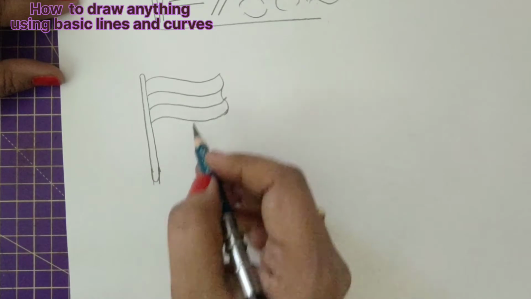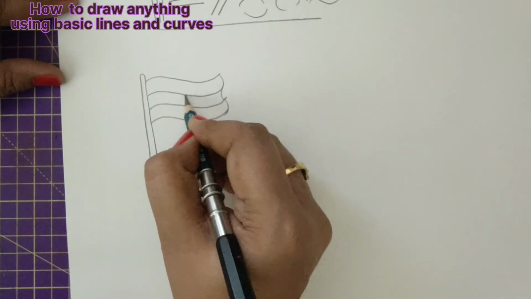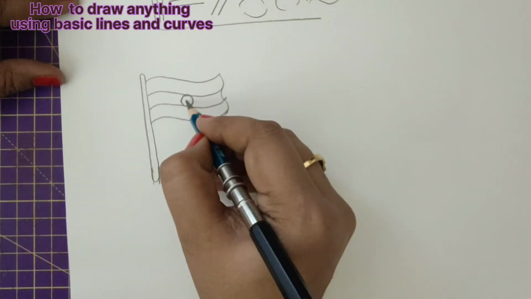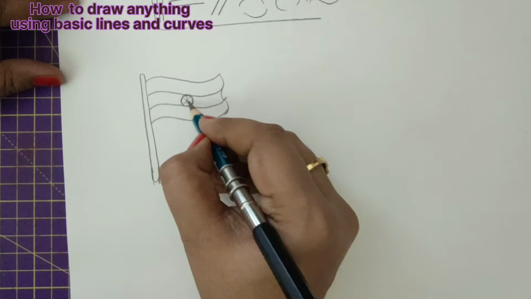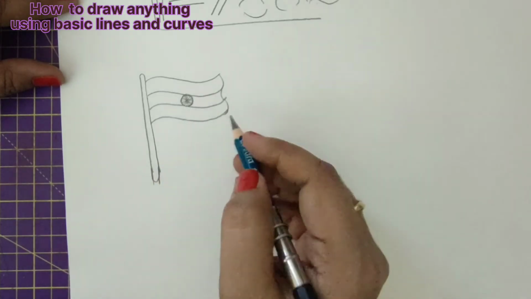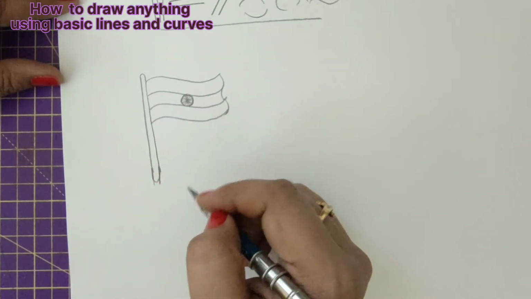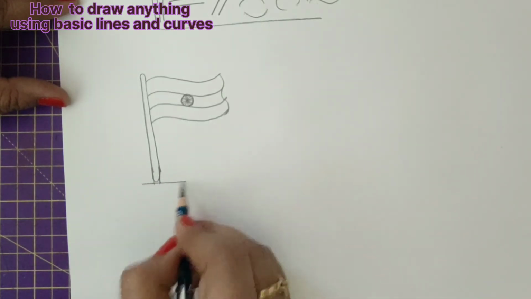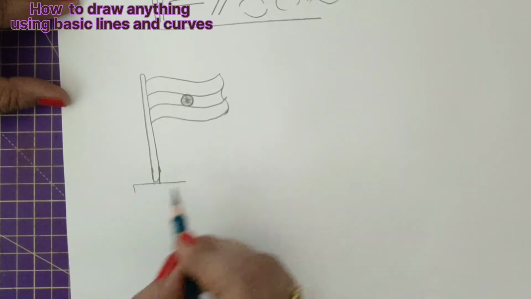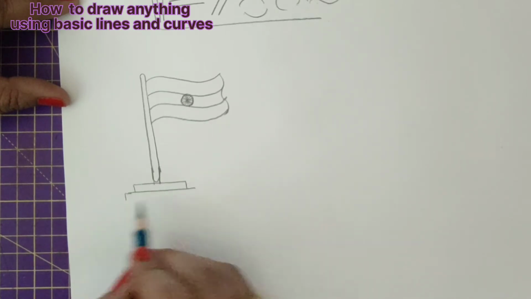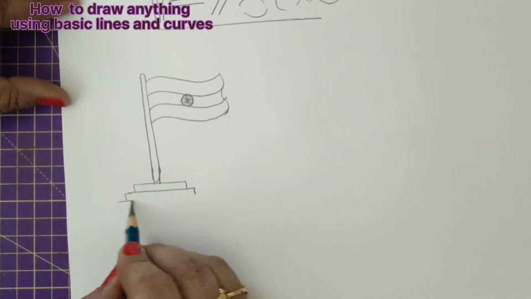So this is a flag, and you can give a small circle in between and give a point. We are not going to draw the proper Indian flag, we are just trying to see how to draw the flag with the basic shapes. I'm not going to show you the shadings. If you want to show the flag on the land surface, you can build something like this, giving the support.